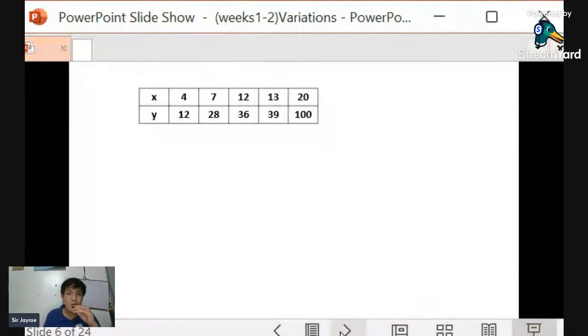So una, tingnan nyo muna yung x at y ba ay parehong tumaas or parehong bumaba? Then after that, try to divide. So what is this? Direct or not? Or why is it not direct?